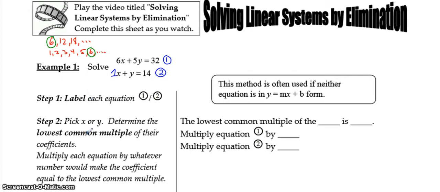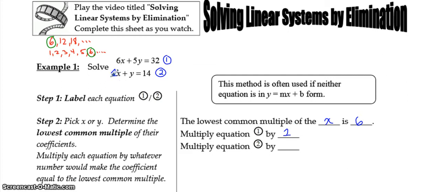Then what you have to do is multiply each equation by whatever number would make the coefficient equal to the lowest common multiple. So the lowest common multiple of the x is 6. Equation 1 already has a coefficient of 6, so we really just multiply equation 1 by 1.